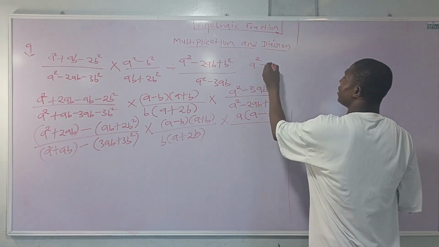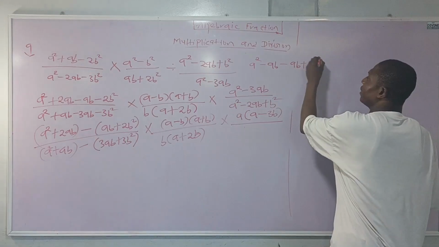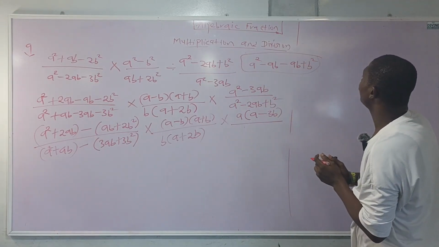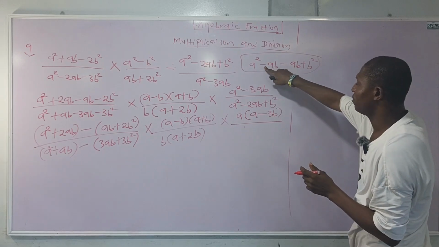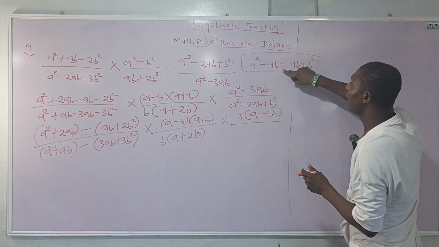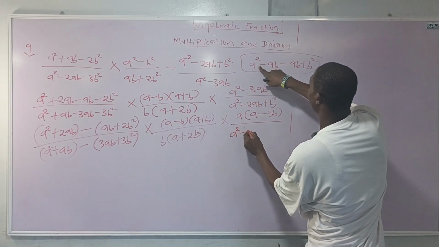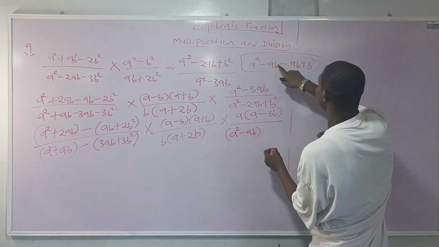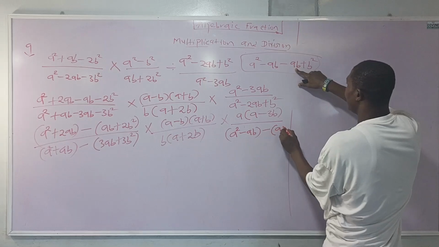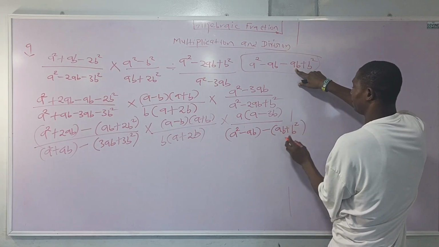So I have minus ab plus b squared. And if you check, minus plus will give you minus, so we are good to go. So if I have this, I simply can have a squared minus ab in bracket. If I put my negative sign, or have this as positive, ab plus b squared.